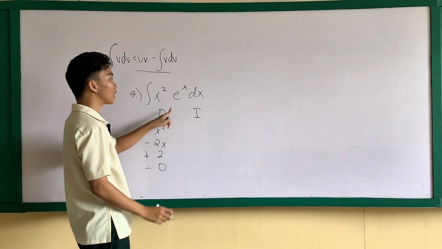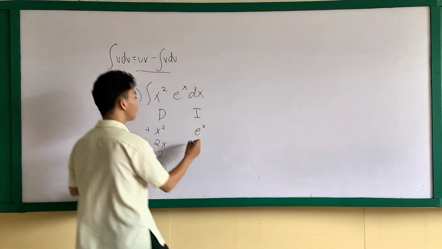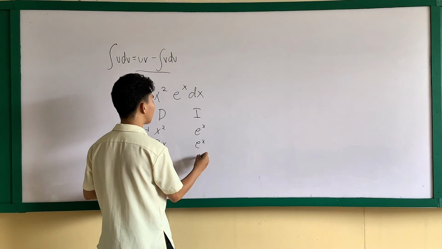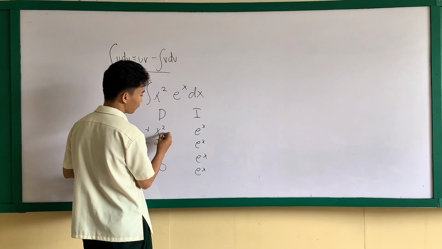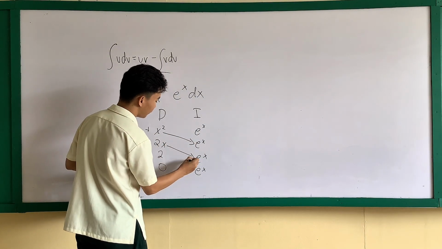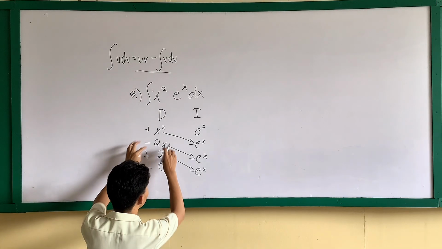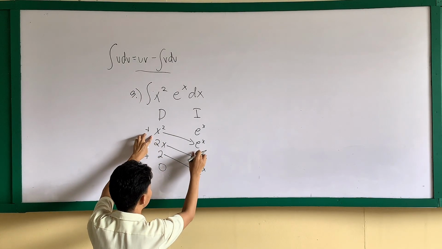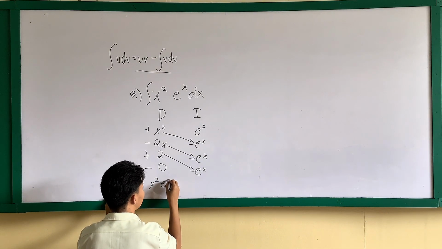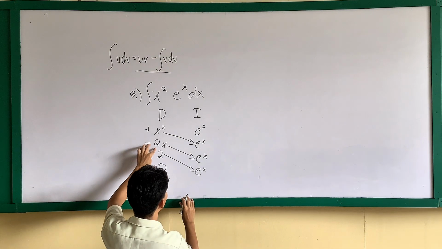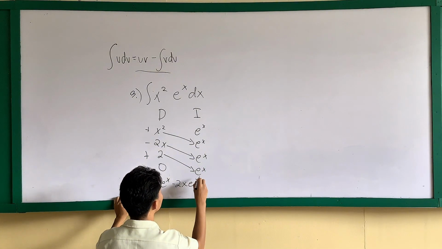Then now we're going to integrate the e^x, then integrate, then integrate. So now, like what we did before in problem number 1, our final answer is, we're going to multiply this first. x squared times e^x is going to be x squared e^x. Then negative 2x times e^x is going to be negative 2x e^x.